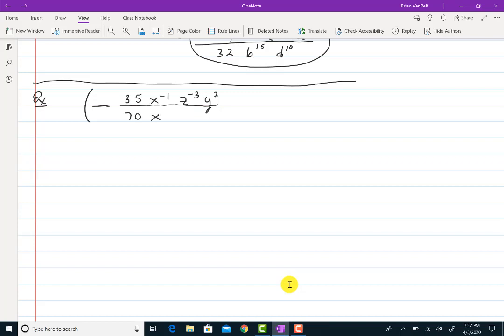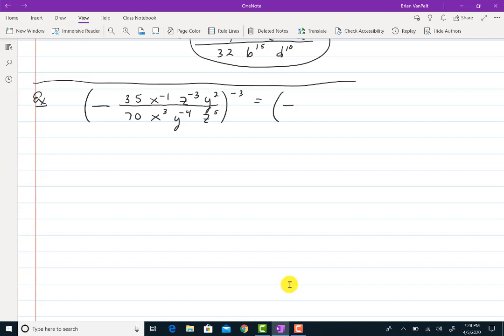x to the 3rd, y to the -4, and then z to the 5th, and all of that will be raised to the -3rd power. So let me flip everything upside down to at least get that power outside into a positive. I'll leave the negative. The negative doesn't change whether you turn the thing upside down or not.